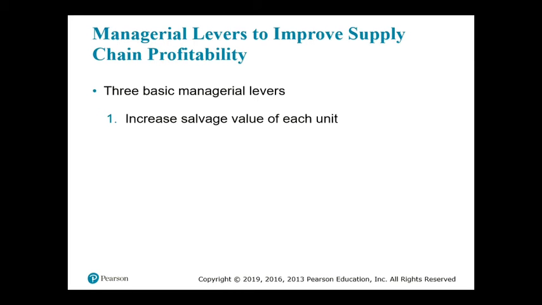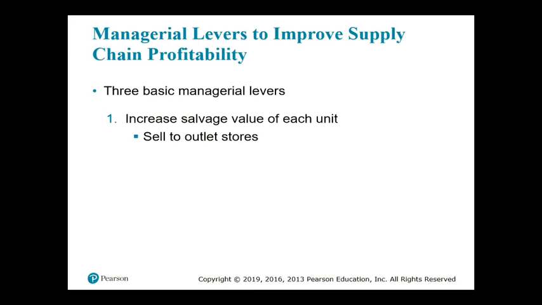So 1 is increasing the salvage value so that we can reduce the overage cost. So there are various ways to increase salvage value. So for example, instead of completely throwing leftover inventory away, we can sell it to outlet stores, and there are also examples of sellers with highly seasonal demand, right?